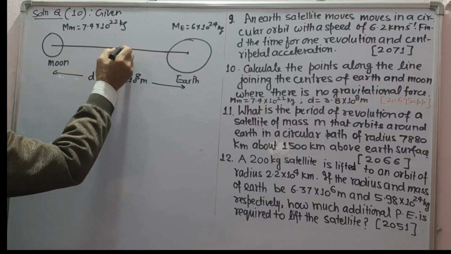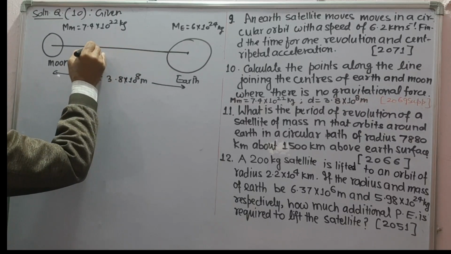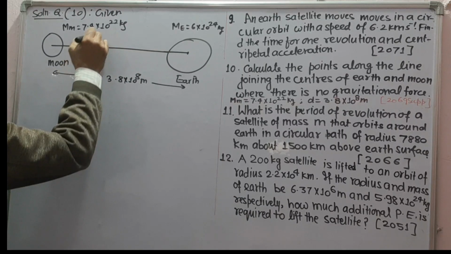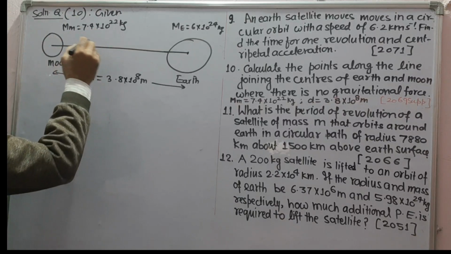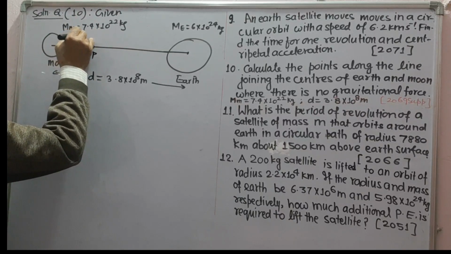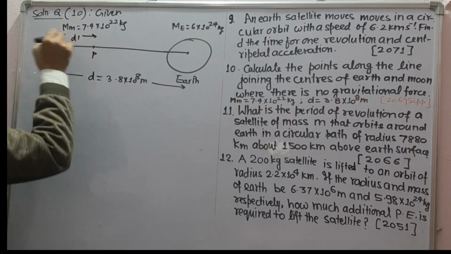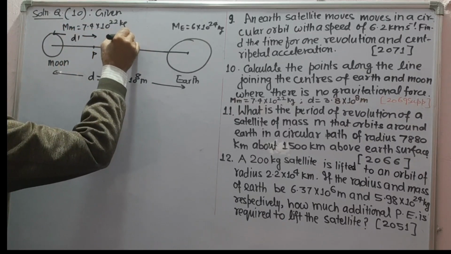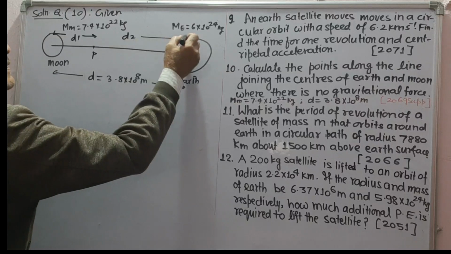Suppose this is a point P where gravitational force is 0. This distance is D1 and this distance is D2.